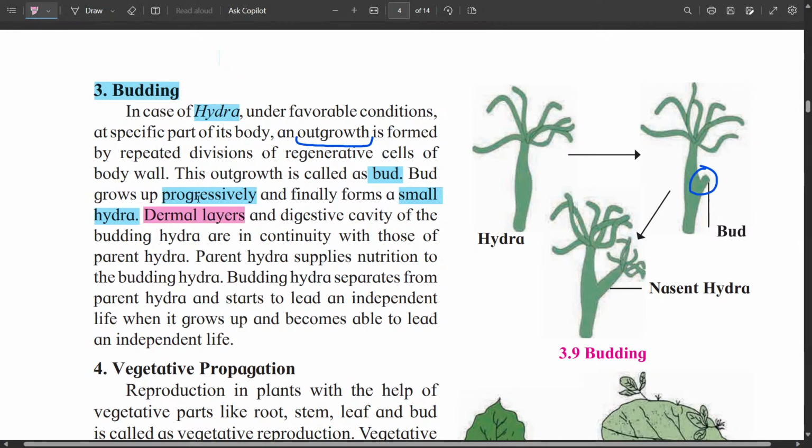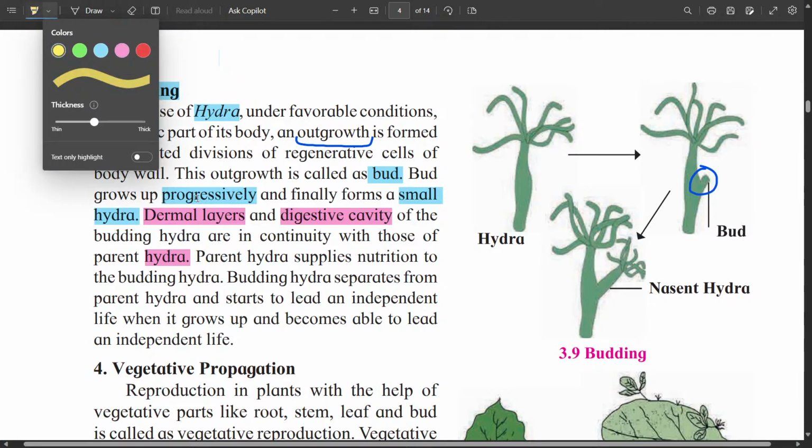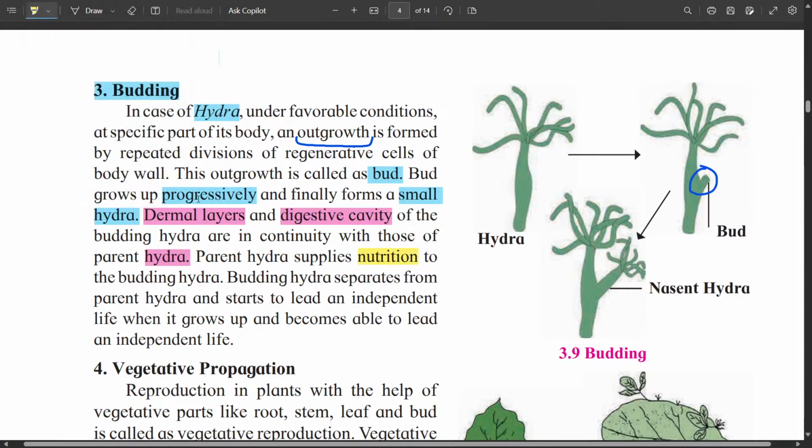The dermal layer, that means the skin of the Hydra, and the digestive cavity of the budding Hydra are in continuity with the parent Hydra initially. Means that while the cells are differentiating into tissues, the budding Hydra gets all its nutrition from its parent.